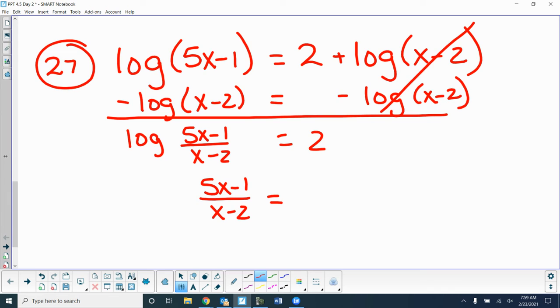What's the base of that log? X minus 2. No. 5x minus 1. No. We did the same thing yesterday. I don't know. No. If there's no number written here, what's the base? I don't know. Everybody else? 10. Even Eaton knows that. He doesn't know a whole lot. Unless he wants to.